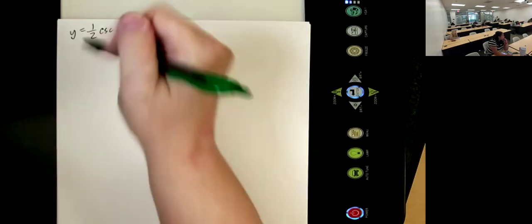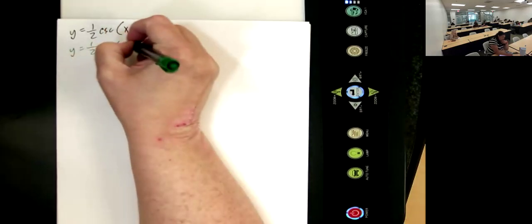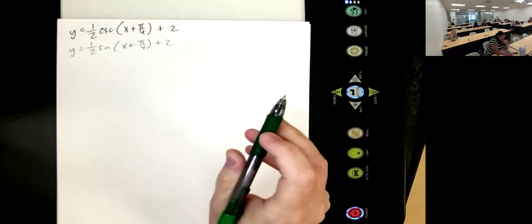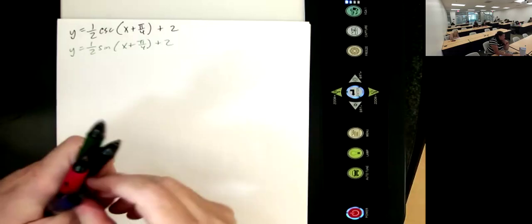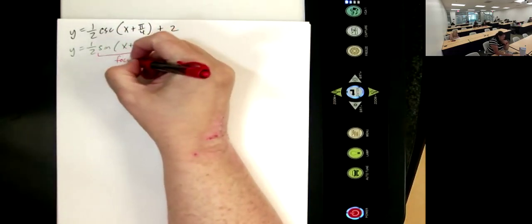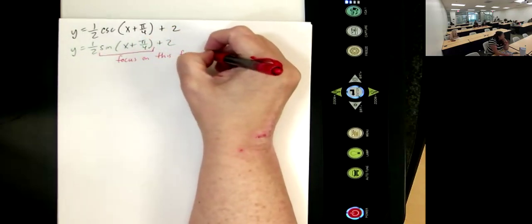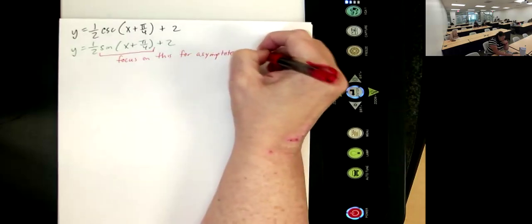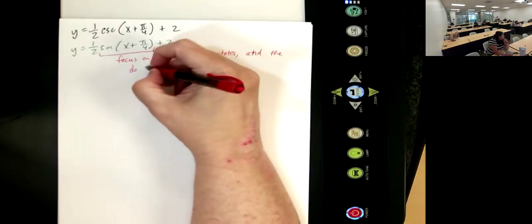So we're gonna start by looking at the sine version, and we're gonna focus on this part for asymptotes, and then do the shifts or the vertical shift.